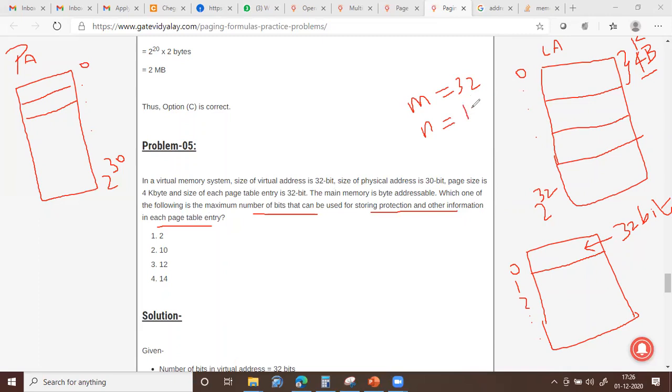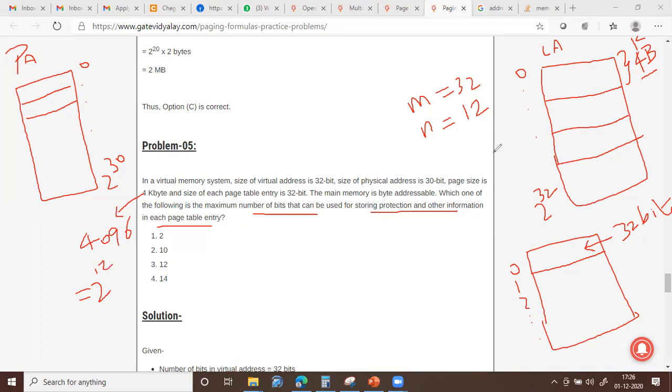So n is 12 bits. 12 bits are required to address a particular byte within a page, so n is 12.